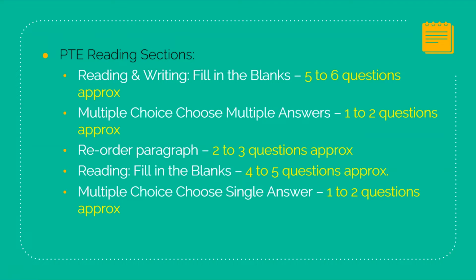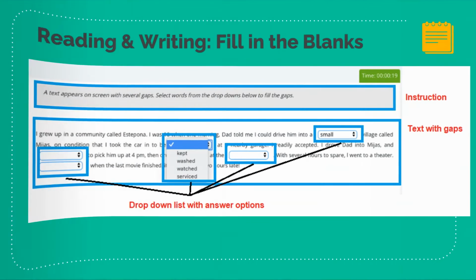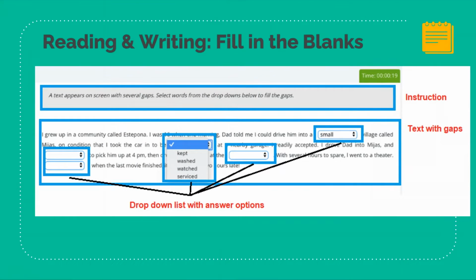Let's take a peek at how these tasks look. For reading and writing fill-in-the-blanks, at the top you will find the instructions, and you will also see a text passage with gaps. The gaps here are actually a drop-down list, and you need to choose the best answer for each gap.